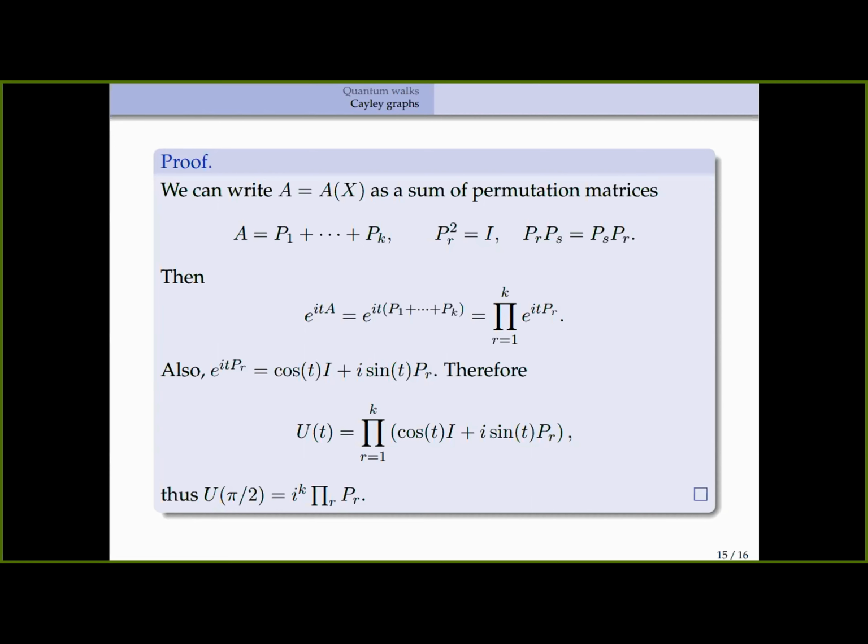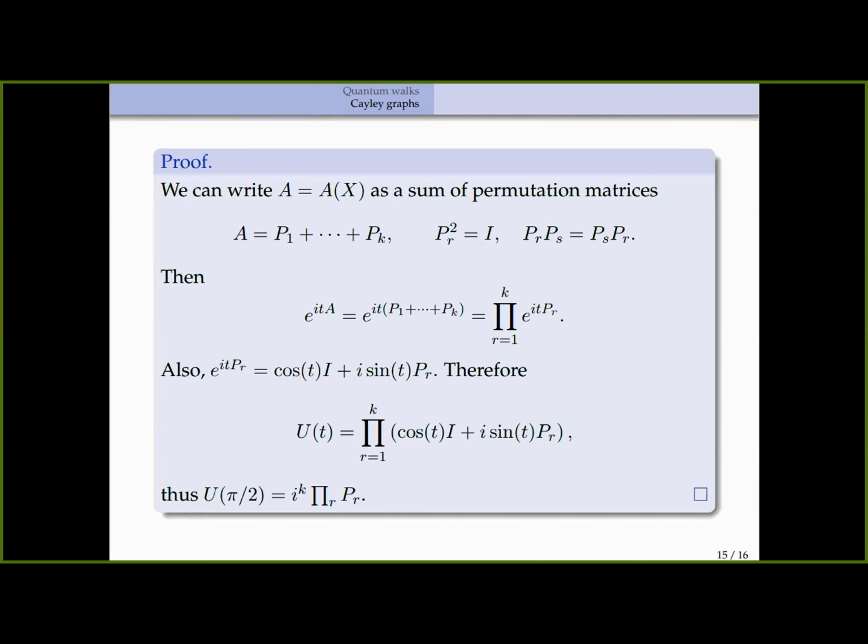Now, two things can happen. We can have that this is the identity, which happens if and only if the connection set that we started with sums to 0. And that's because we are living in an isomorphic group. Now it's a multiplicative group, and our identity is the identity matrix.